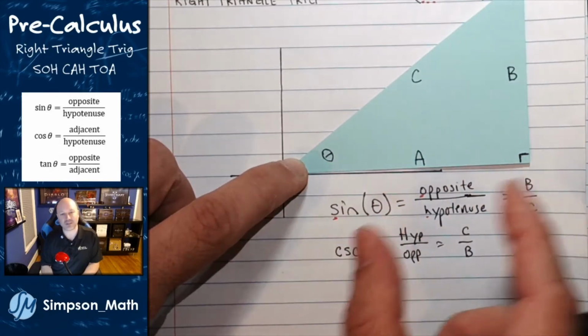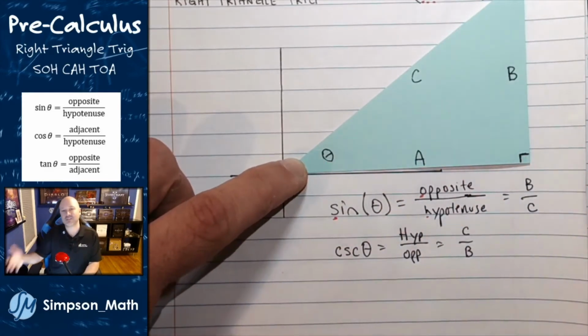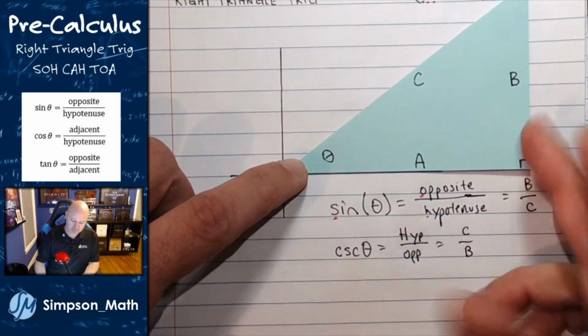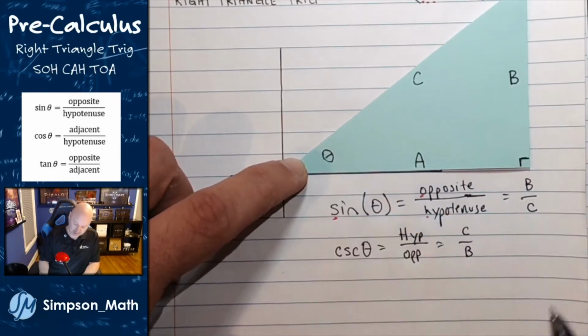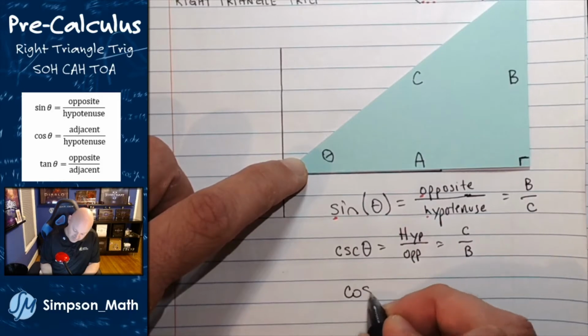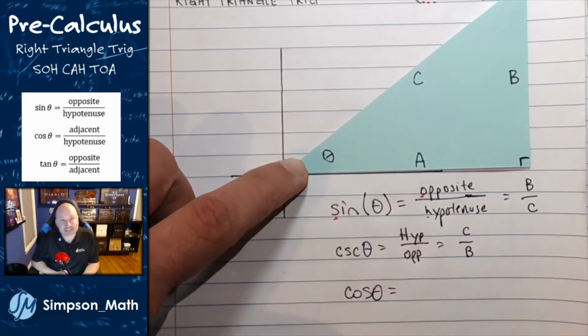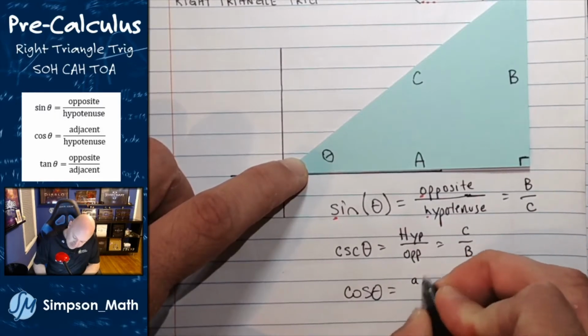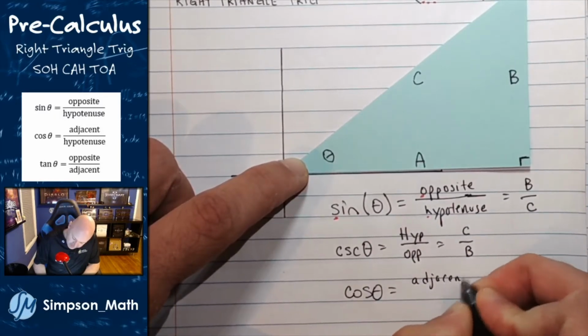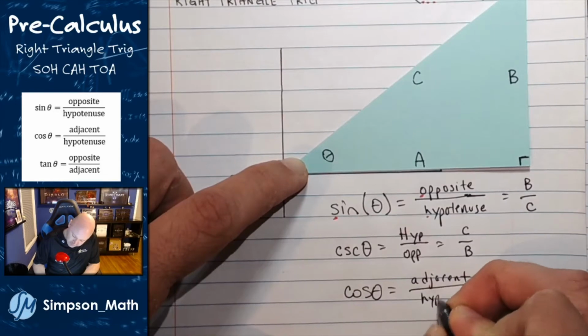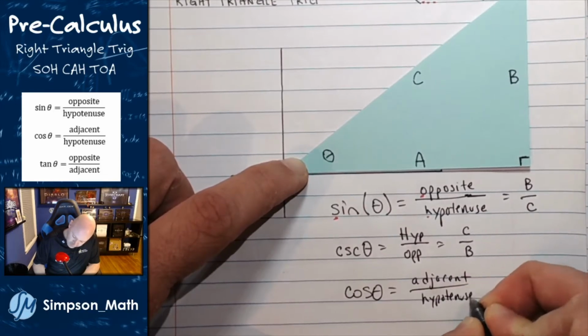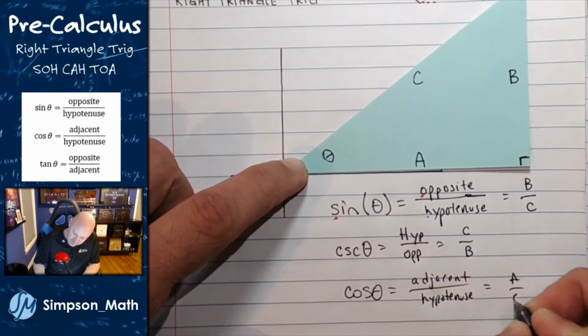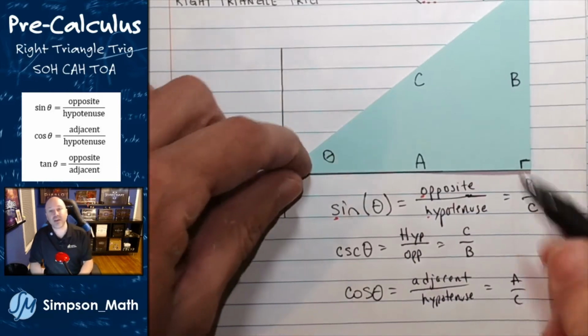It's adjacent to it, like your neighbor is adjacent to your property. A is adjacent to theta. Cosine is x over r from that true definition, but we can call it the adjacent over hypotenuse. And as an example, that's A over C with this triangle.